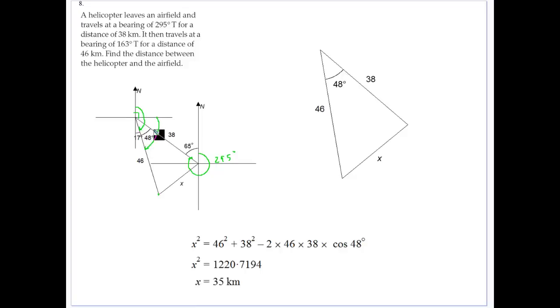We're looking at that angle being 163 minus 90, which gives us 73. Now, we know that's 65 degrees there. So if that's 73 degrees there, we know that's 17 degrees there, and that's 65 degrees in that one.